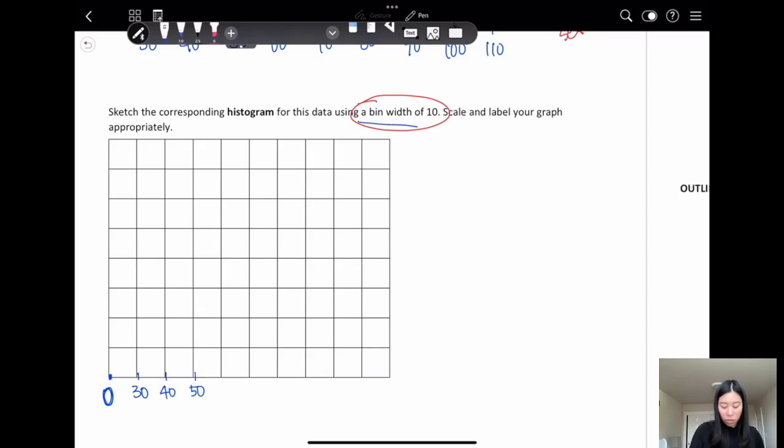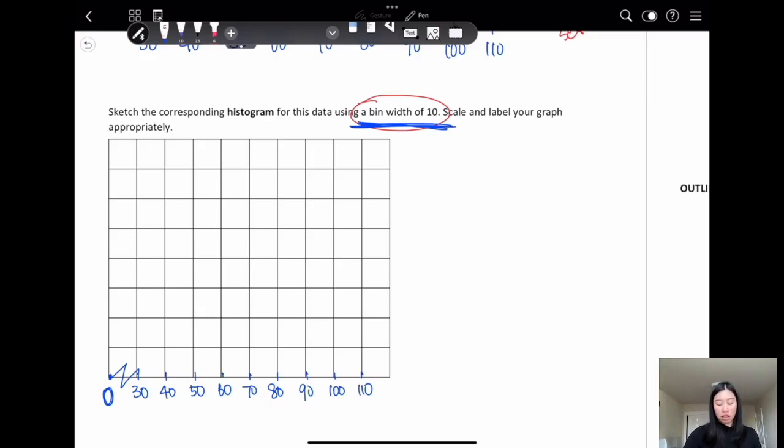So these are 40, 50, 60, 70, 80, 90, and then 100, 110. From 0 to 30, you may say, hey, this is not a bin width of 10, this is a bin width of 30. What you would do is draw a line of break so that you know that from 0 to 30, the data does not exist, okay?